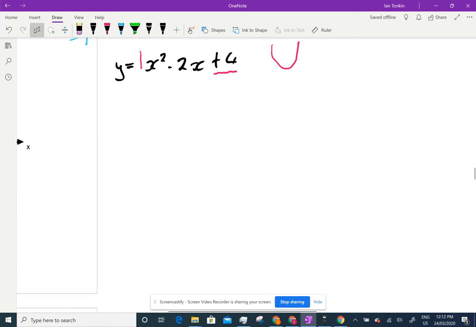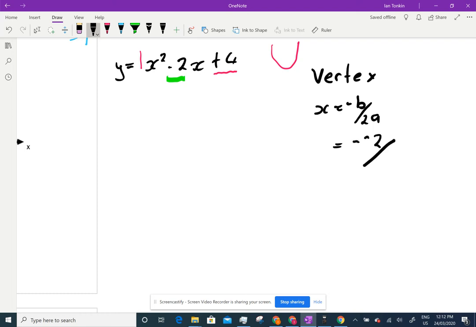Okay, what else do I need to know? The vertex. How do I find the vertex? The vertex, x equals negative b on 2a. Well, look at my b. It's negative 2. So negative of negative 2 is 2.